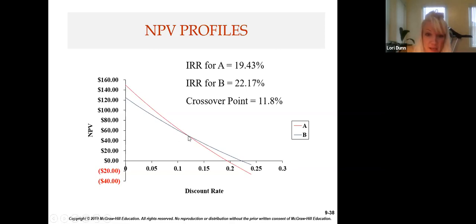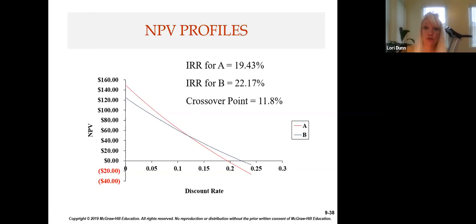At some point, they will cross over. We call that the crossover point, which is 11.8%. And we could calculate that. That's the point where their net present values are equal. So how do you make your decision?